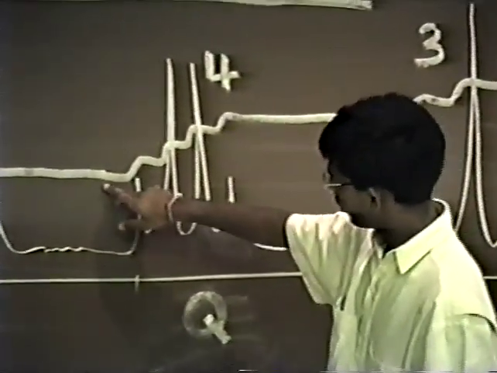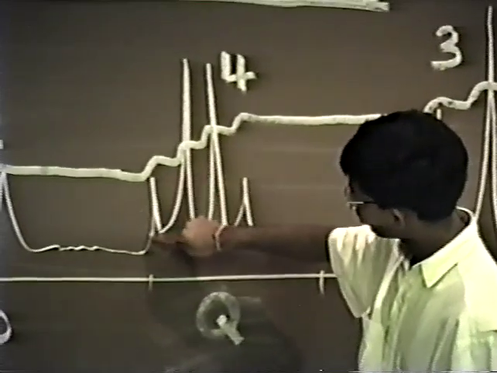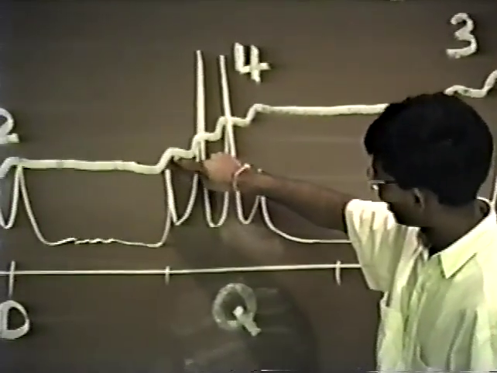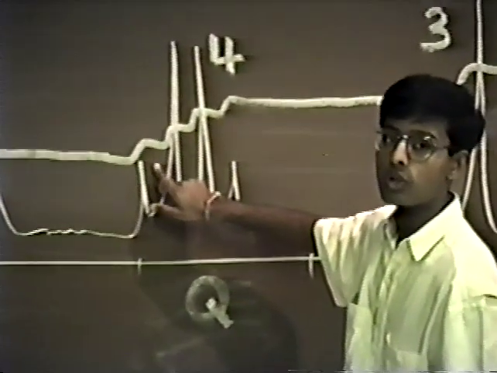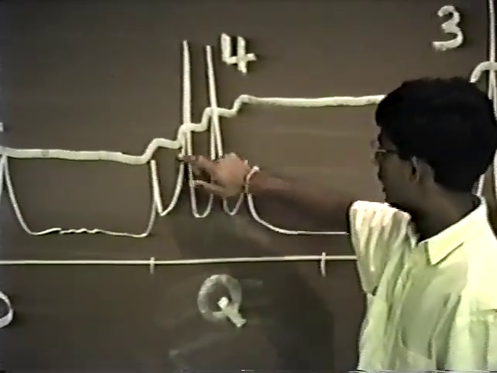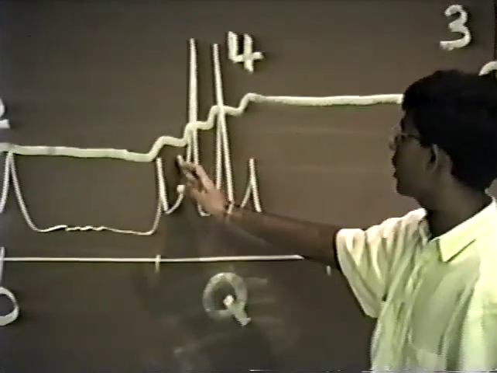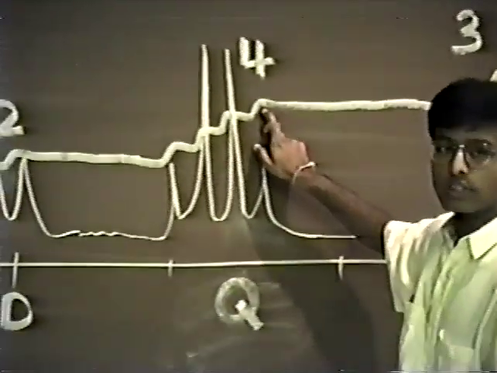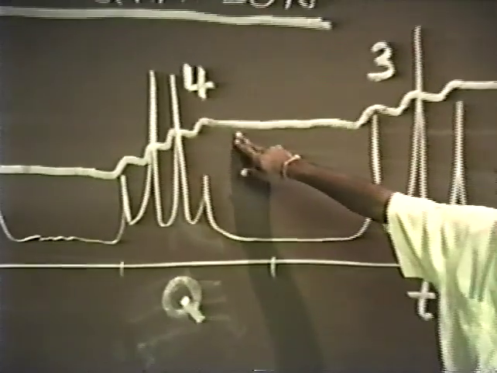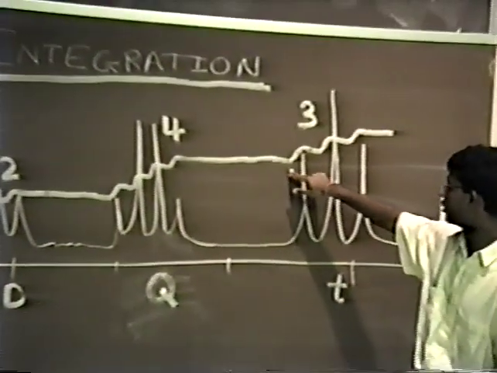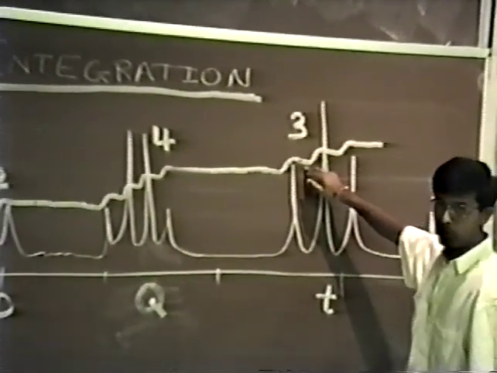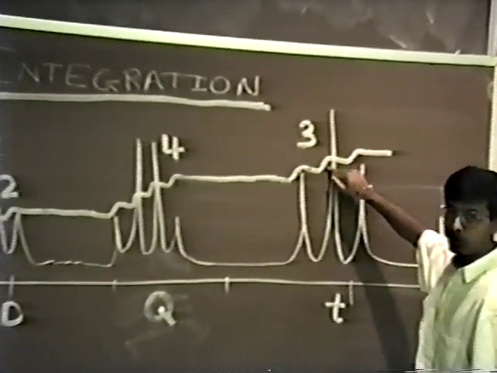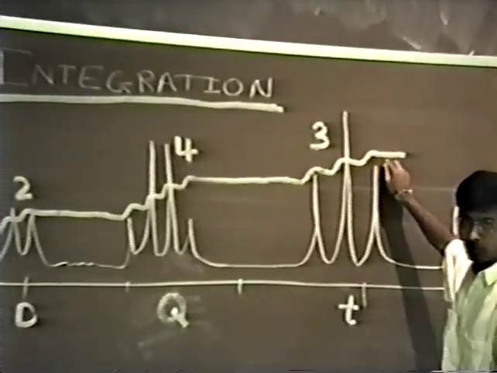As you notice here, the bump goes up as it encounters an area under the peak, and then it levels off as there is no peak here. That means there are no hydrogens under the peak. Next, it does the same thing until it encounters all 4 peaks, and then it levels out again. Next, it's leveled out until it hits another peak. Here, it hits 1 bump, 2 peaks, 2 bumps, 3 peaks, 3rd bump.